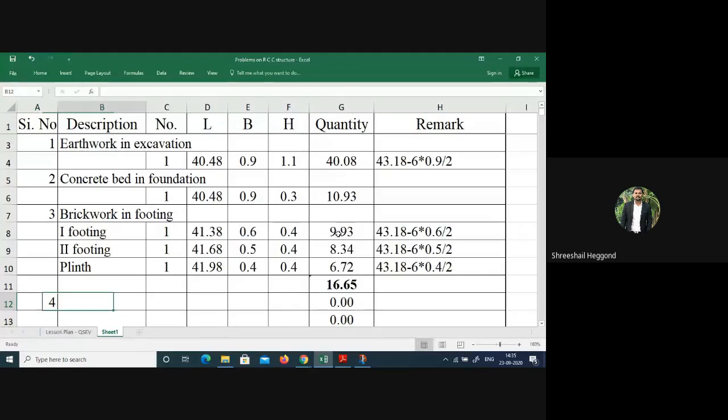Next, the fourth component is DPC. Number will be 1. Then calculation will be 43.18 minus 6 number of T junctions, wall thickness 0.3 divided by 2. Okay, 24.98.